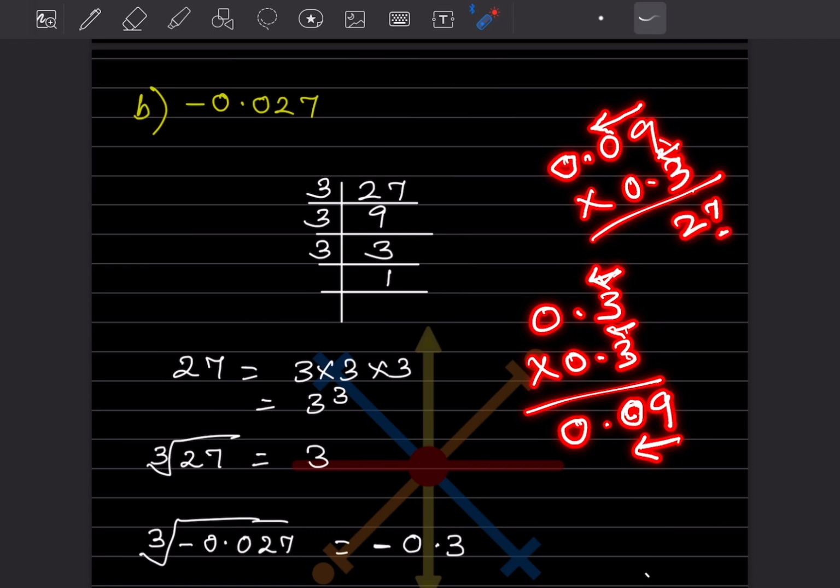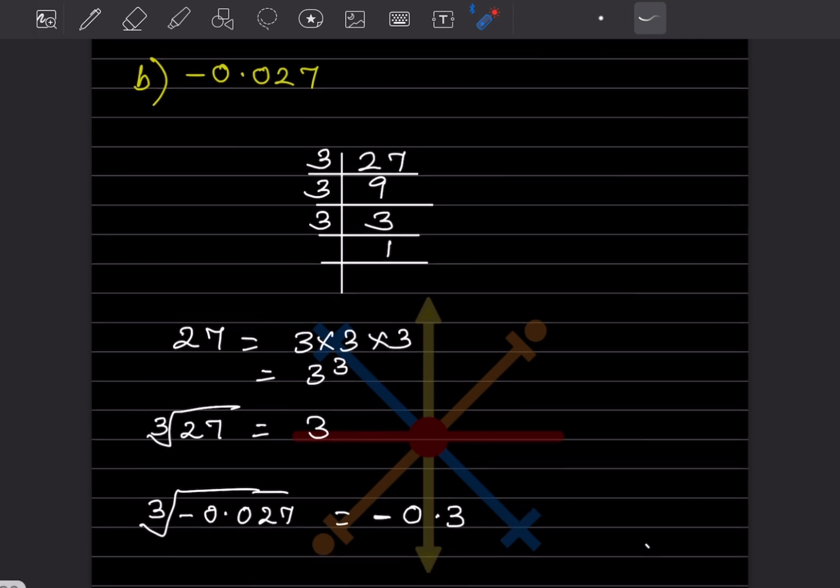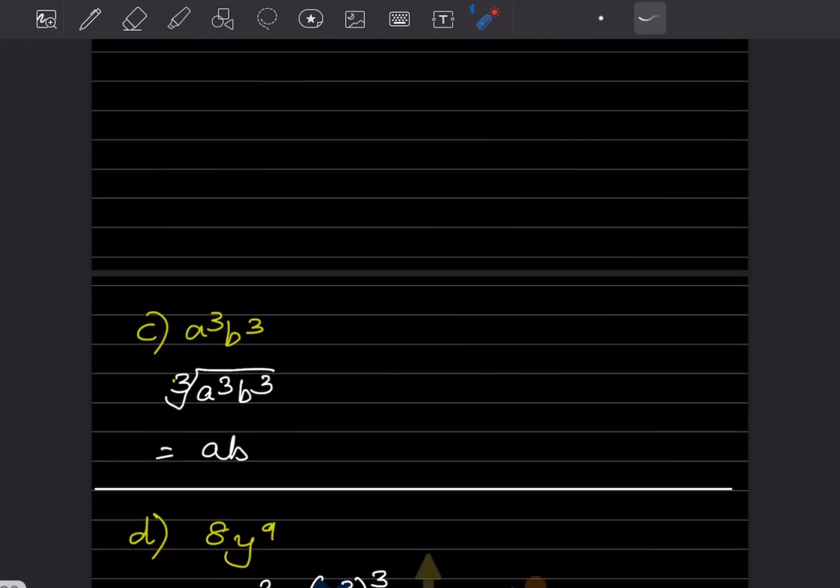So you will go backwards by 3 numbers, 1, 2, 3, and then put a decimal. So is this 0.027 the same? And this is negative, so you are going to put a negative sign. So 0.3 into 0.3 into 0.3, that is 0.027. So minus 0.3 is the answer.